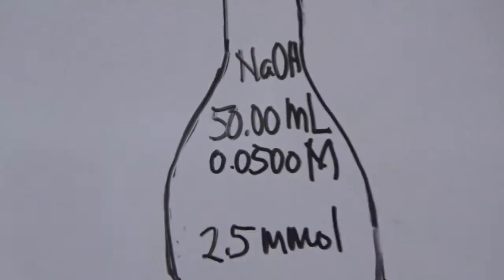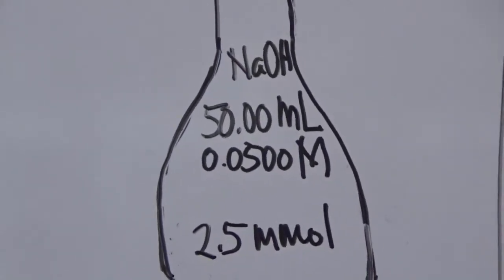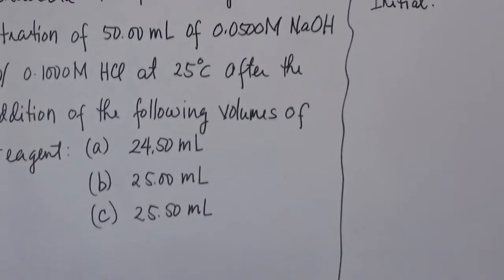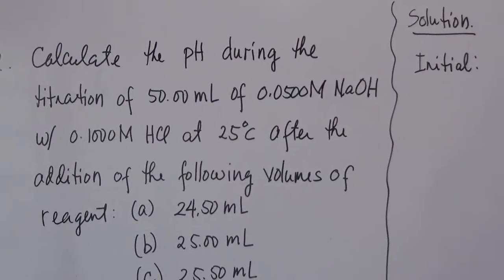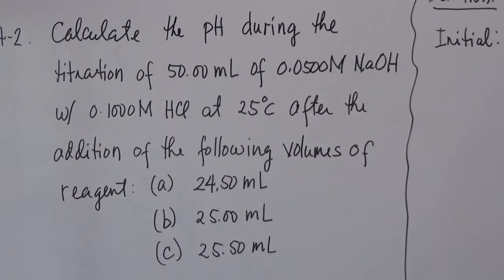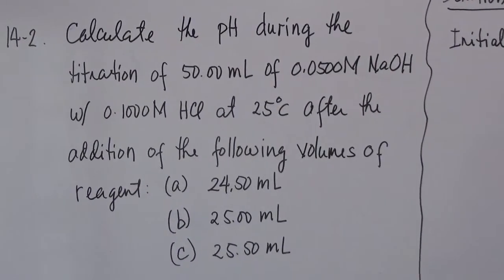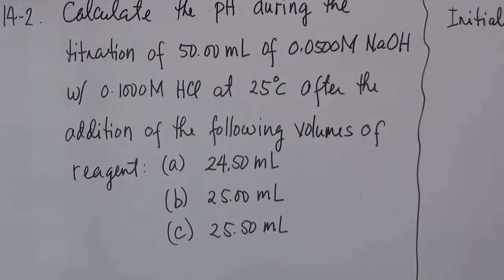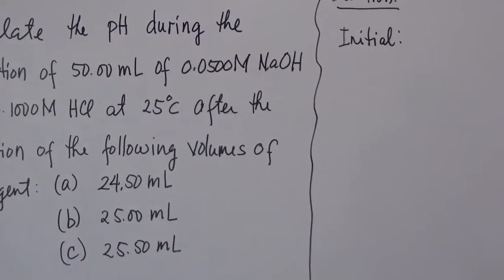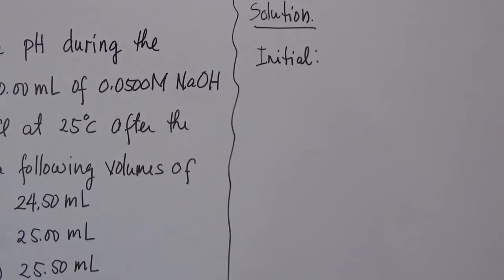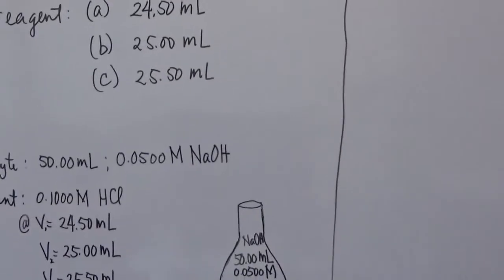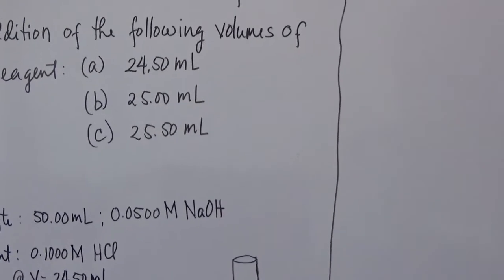By definition again, the equivalence point is the point wherein, in a titration between acid and base, there is complete reaction between the acid and the base, or it is completely neutralized. If it is a titration of a strong acid with a strong base, we know already in theory that the pH at equivalence point is equal to 7. That is, if it is a strong base and a strong acid.